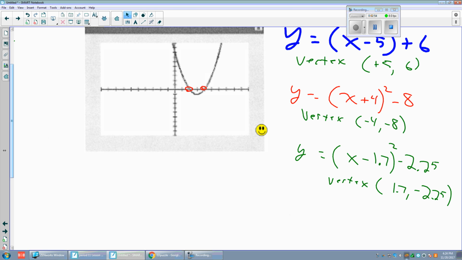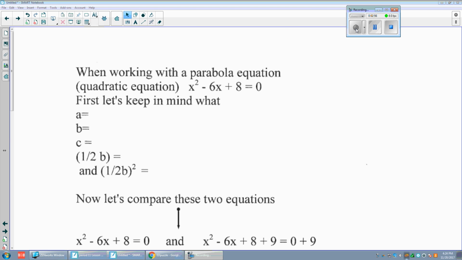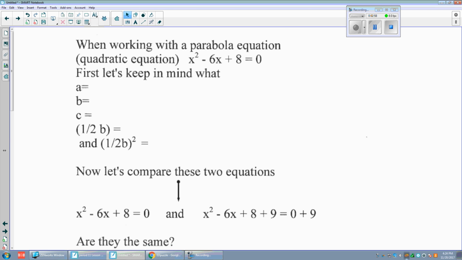Pretty tricky. So how can we put a quadratic equation into vertex form? When working with a parabola equation, a quadratic equation, that's what's really called quadratic equation, we have something x squared minus 6x plus 8. It has to equal 0. First, let's keep in mind what a equals. A is 1, b is negative 6, c is 8.